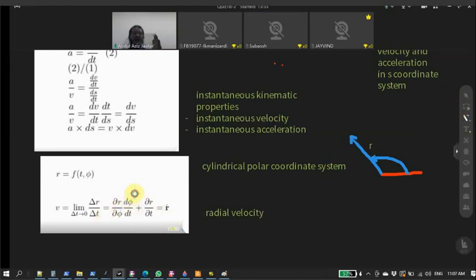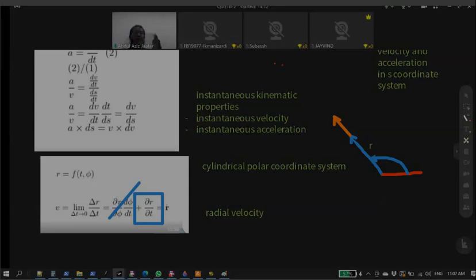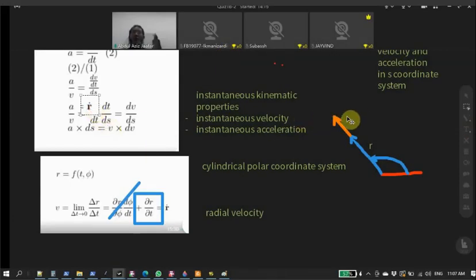So we just consider this one only, and we remove this term, right? So we remove this part, so we just evaluate the term that represents the radial location. So if you want to draw the velocity vector for it, let me use a different color there. So this one represents the r dot, right? I hope you understand.